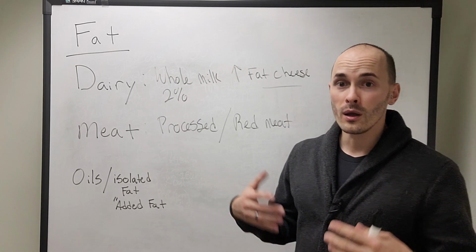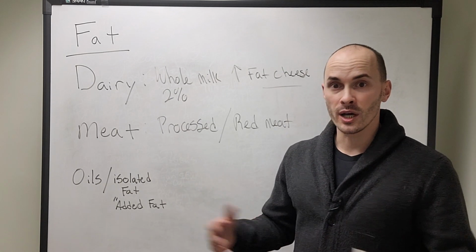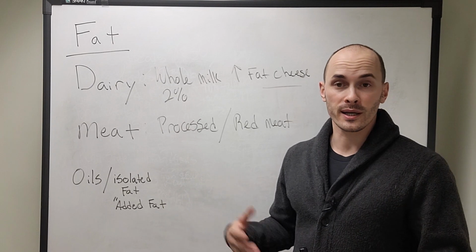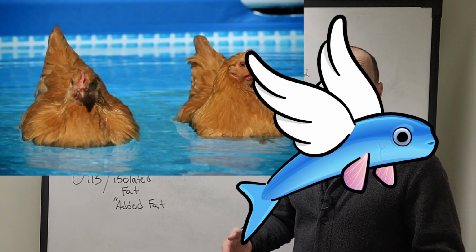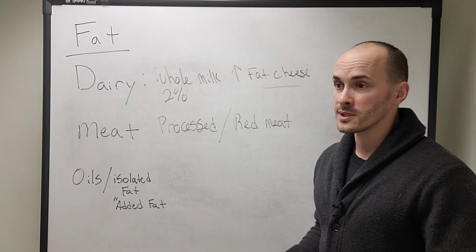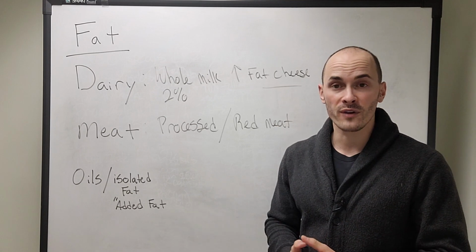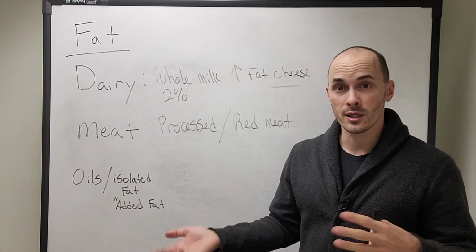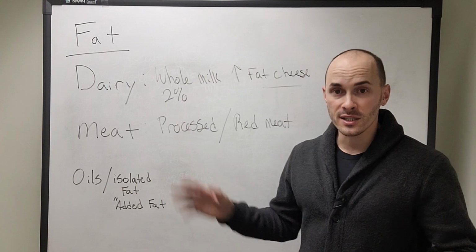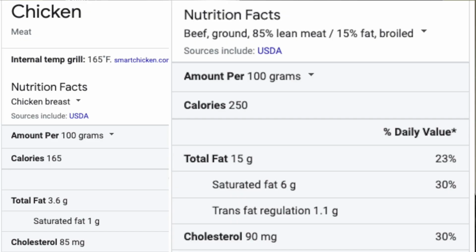Now, meat in general, so looking at white meat, if it swims or if it flies, it is considered white meat. So white meat is going to be lower in overall fat. The cholesterol content is going to be nearly the same between meats, and that's sort of an aside. Red meat will have similar cholesterol values as white meat, but the overall fat content is higher in red meat.